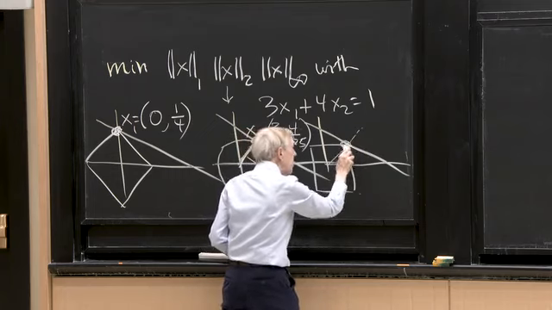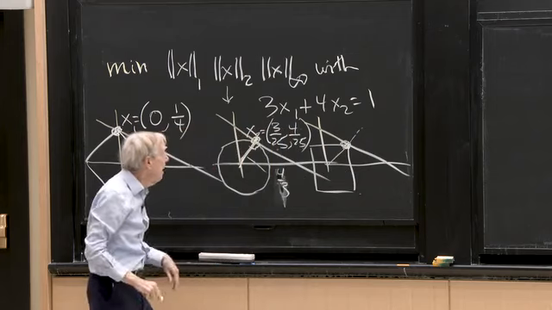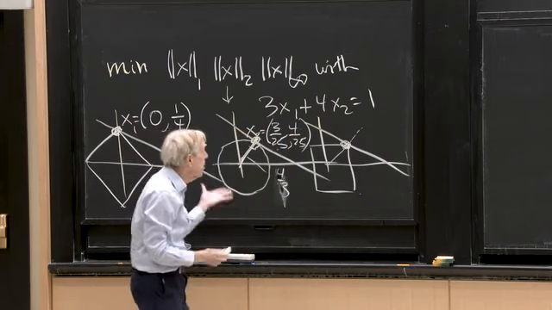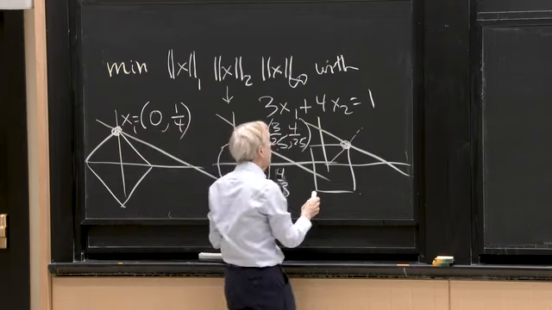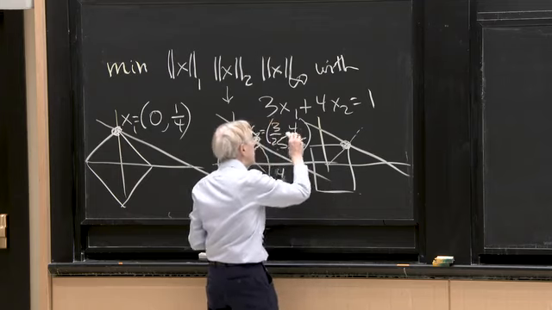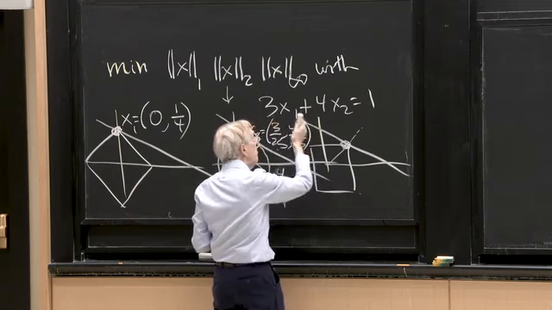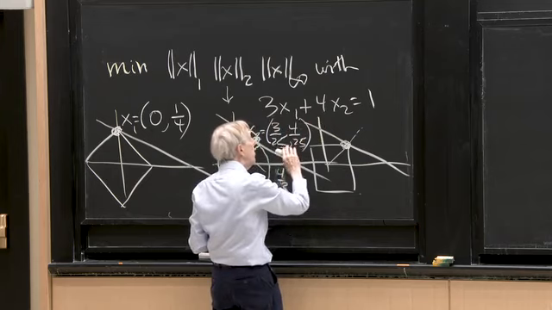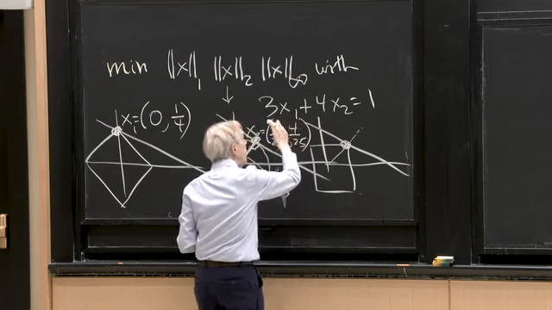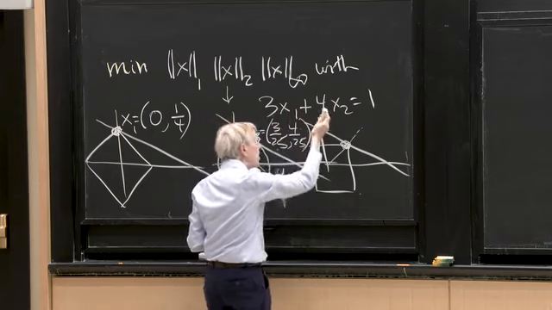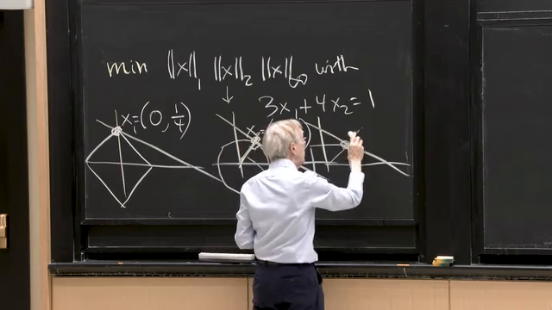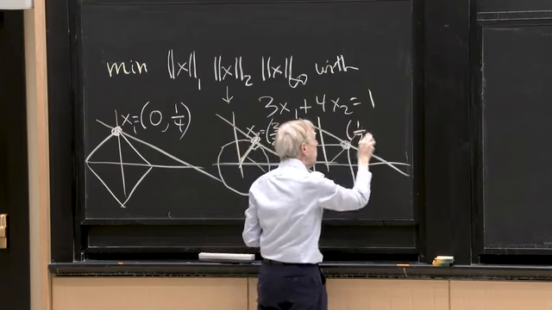On that square, it hits it at that sharp point, and so the x1 and the x2 are equal, and I think they're probably, let's see, if they're equal, if we made them 1/7, then I'd have 3/7 plus 4/7 equals 7/7. Yeah, I think we make them 1/7, 1/7.